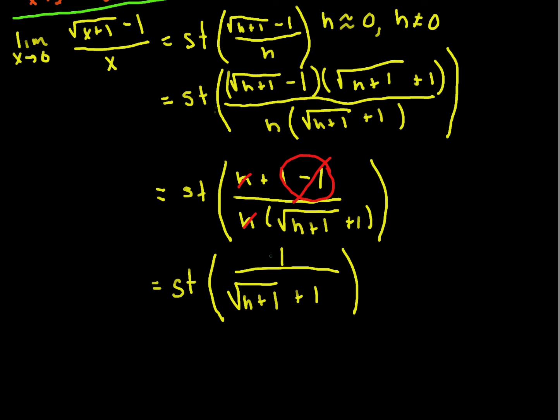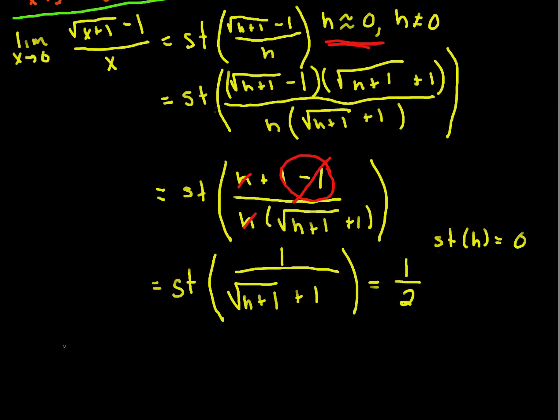And the standard part of 1 is 1. The standard part of the bottom, well, remember h up here, this is why I wrote it. You should do this too, to remind you what they are. So h is infinitely close to 0, so the standard part of h is 0, and so this is 1 over root 1 plus 1, which is 1 over 1 plus 1, simply 1/2.